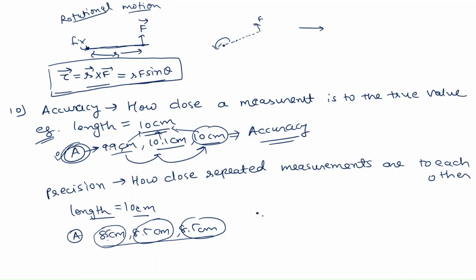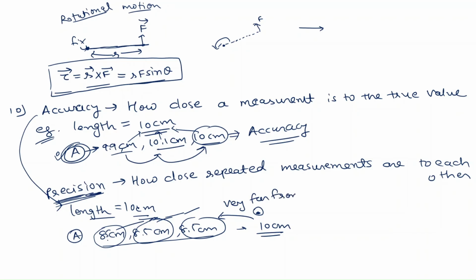So he got the same result three times. So his precision is very high, but accuracy is very low. The true value is 10 centimeter, but he got the value 8.5 centimeter, which is very far from the actual one.